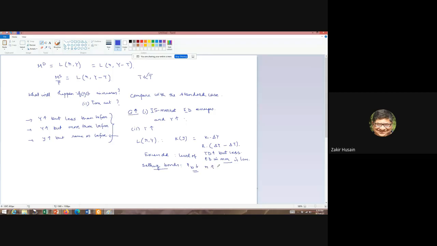R will rise, but this is also going to be less. So that means the decrease in investment is going to be lower. So one is, rate of interest is going to go up, but del R in the disposable income case is less than in the standard case.